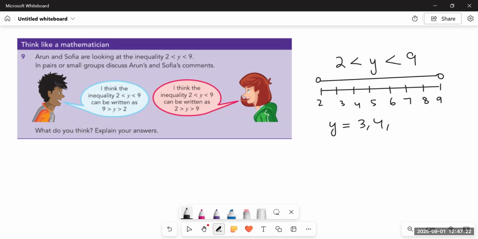Okay. 2 and 9 are not included. So according to Arun, if I reverse the inequality, it would now be y is less than 9 and greater than 2.